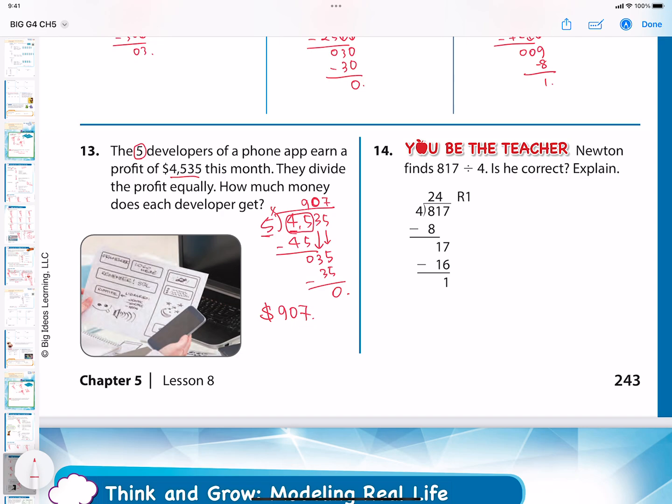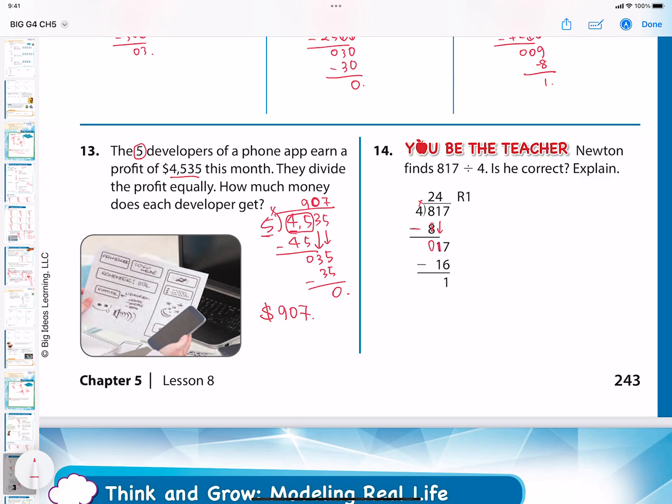Okay, you be the teacher. Newton finds 817 divided by 4 is 24 remainder 1. Is it correct? Explain. Okay, let's go ahead. 4 times 2 is 8. When you take away, nothing left. 1. Okay, down. Ooh, okay. This is a problem.